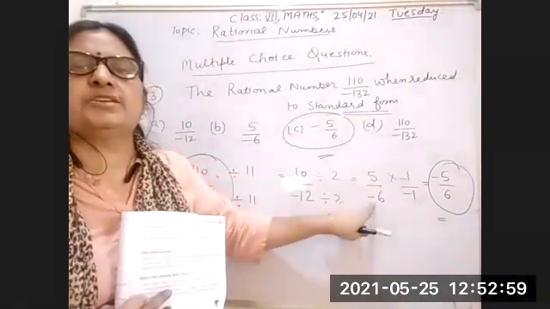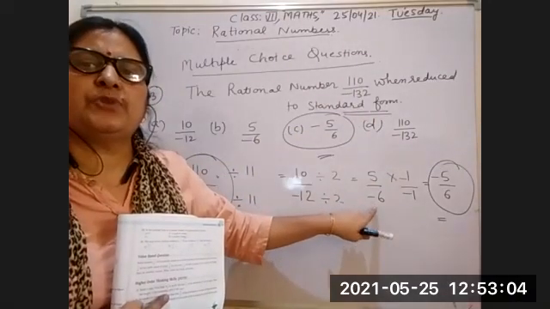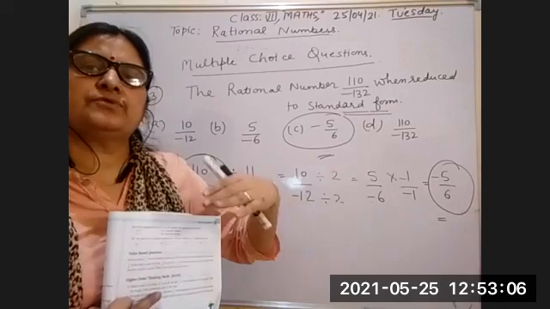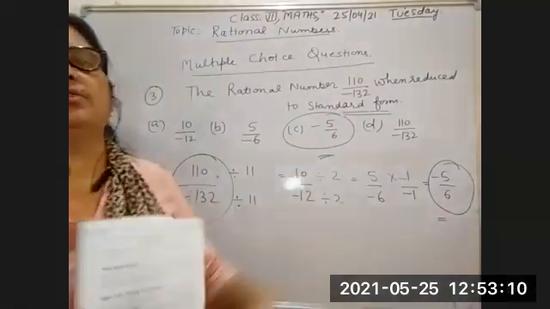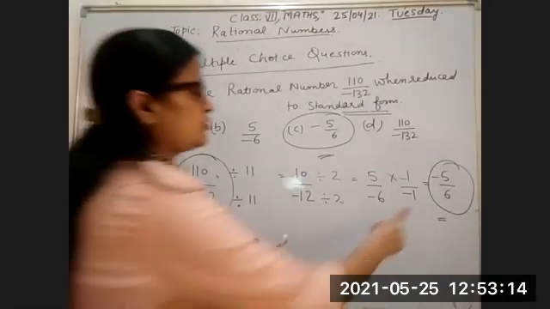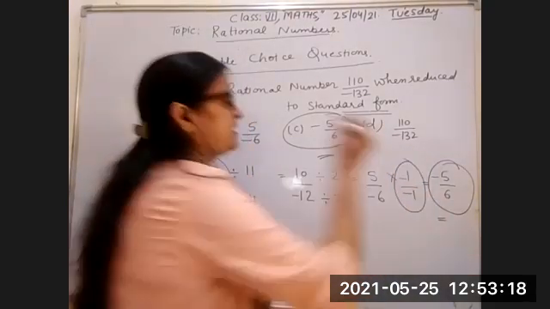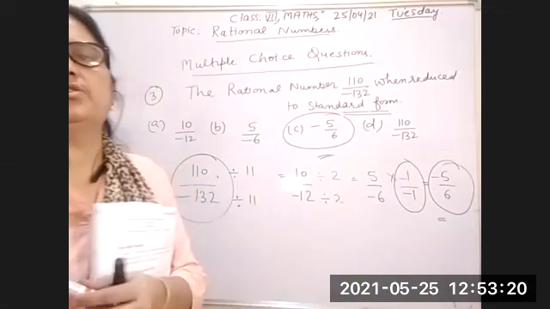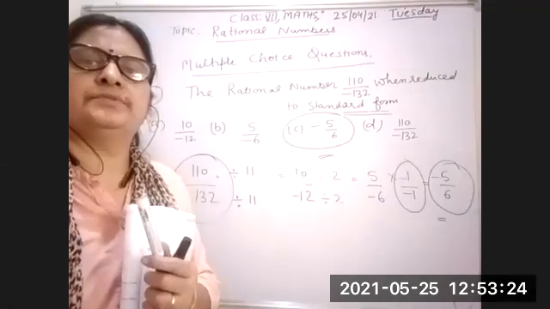When we write the answer in the standard form, your denominator is always in the positive form. So to make it positive, you have to apply this rule: multiply minus 1 with the numerator and minus 1 with the denominator. Okay.